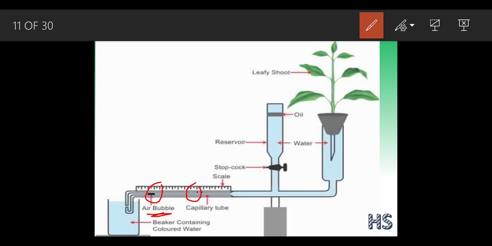So what can we conclude? We can conclude that the water which is present inside this capillary tube moves ahead. Why does it move ahead? Because we can see this bubble is moving ahead. Because of this the water shifted to this part, and when this water is taken by the leaves, it got lost. The water is lost by the leaves.